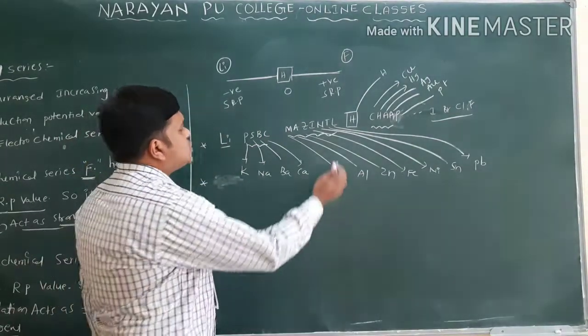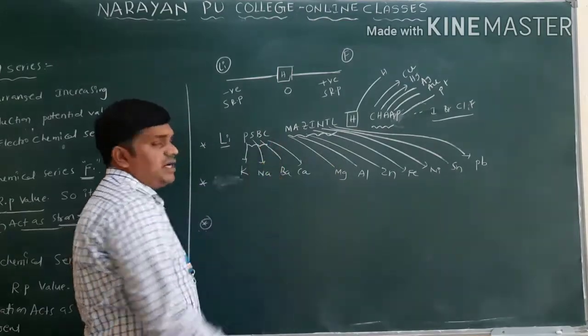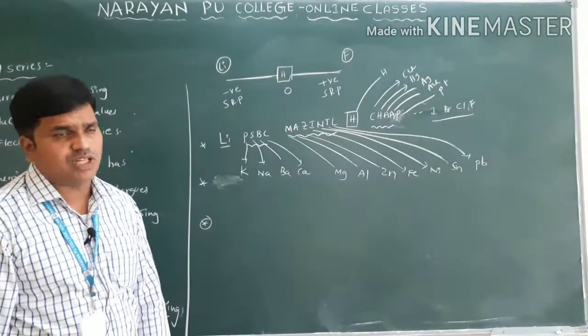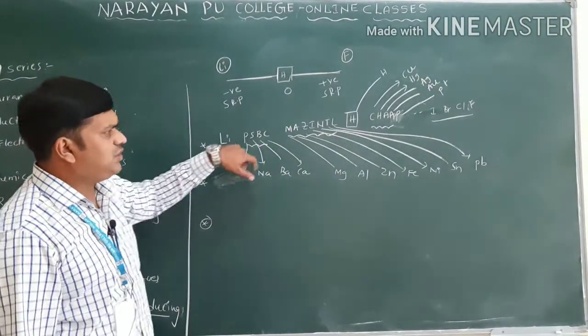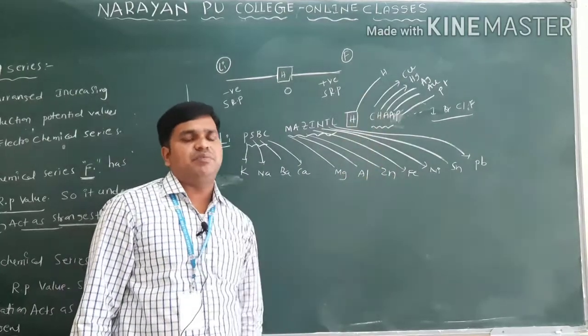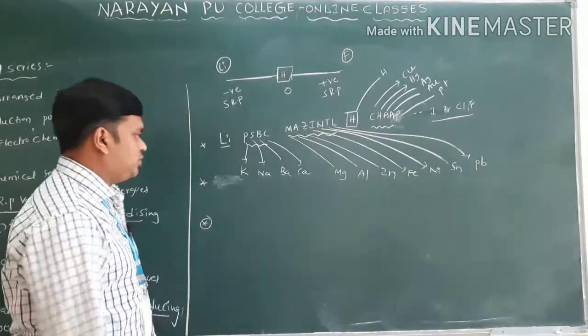You see here, some of the metals are present before hydrogen only. Before the hydrogen, what metals do we have? From lithium to lead. These metals are present before the hydrogen only.